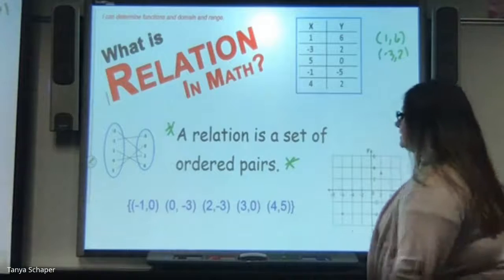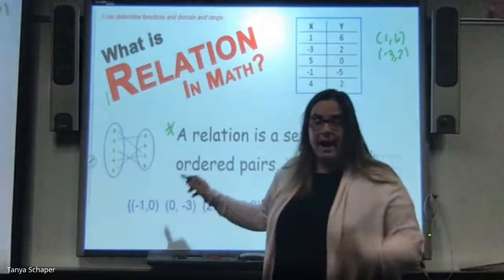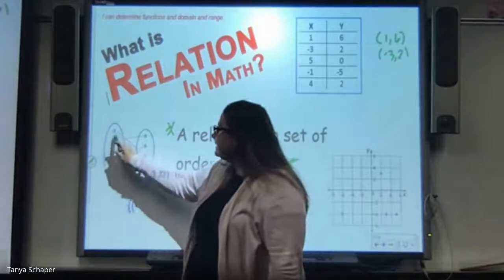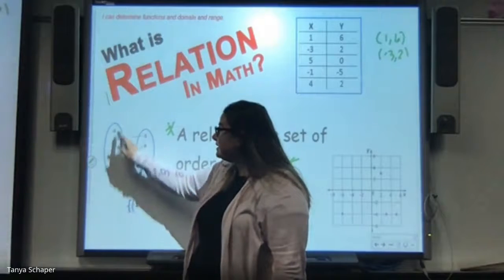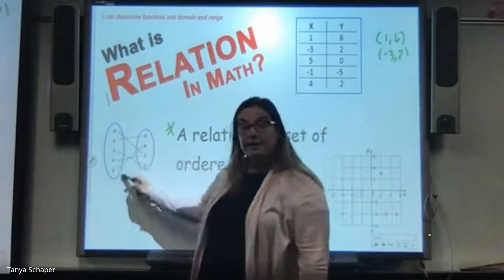You can represent ordered pairs as a map. Now, I don't know if you've seen maps before, but a map takes and lists all of your inputs, all of your x values, on the left side.